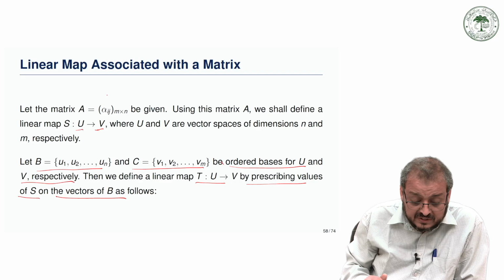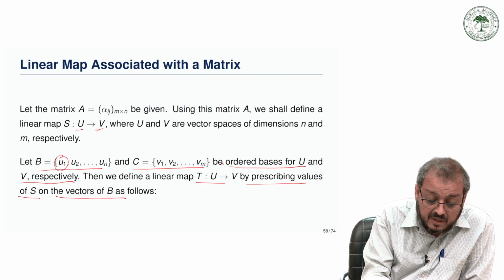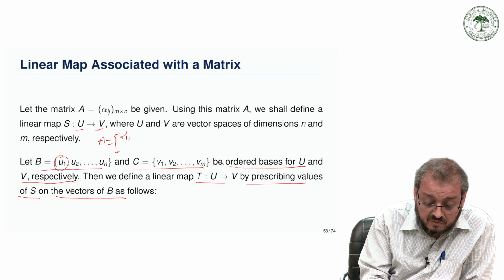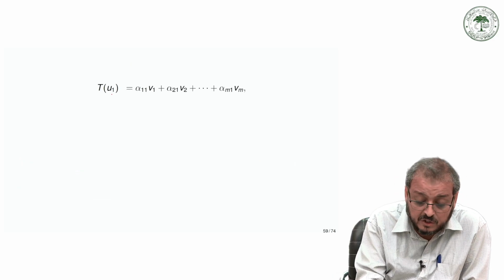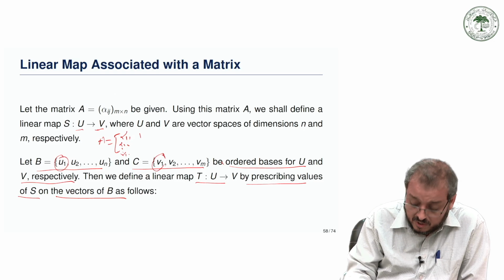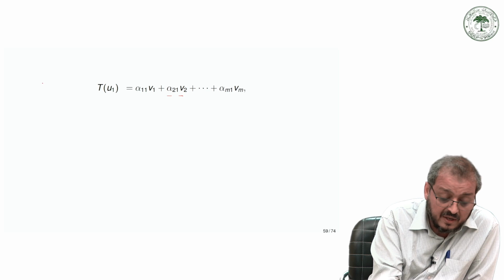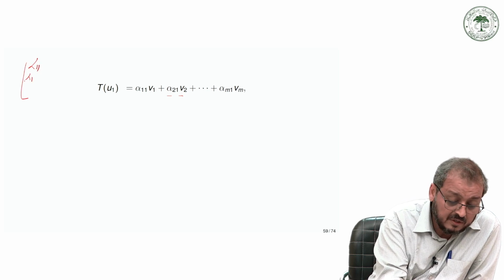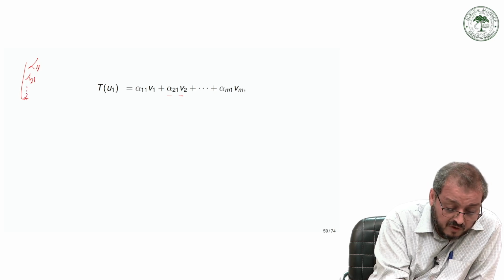T of U1 can be written in terms of the matrix A, which has entries alpha 1 1, alpha 1 2, up to alpha 1 n. So T of U1 can be written as alpha 1 1 into V1 plus alpha 2 1 into V2, and so on. So this is the first column: alpha 1 1, alpha 2 1, and so on up to alpha m1.